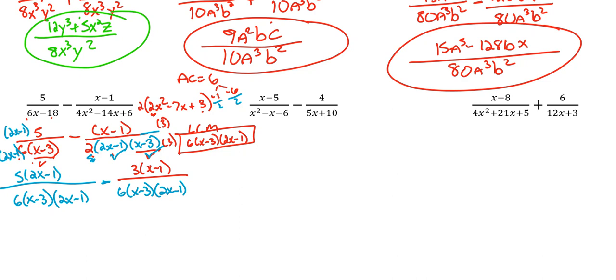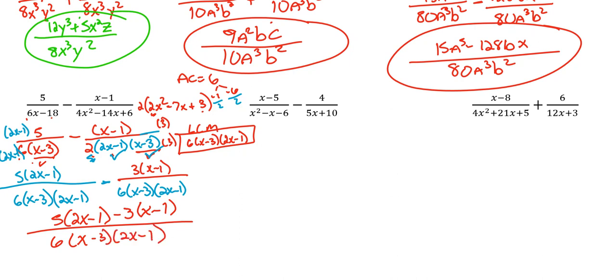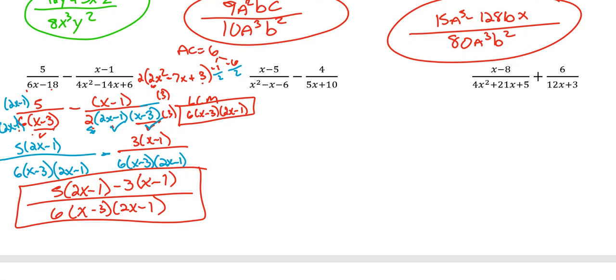At this point, I'll let you leave it factored, but you'll see sometimes the answers will be multiplied out. I just want you to see how I would do it, but I'm fine with it like this for an answer. Multiplied out just means that I could distribute this and have 10x minus 5, negative 3x plus 3.